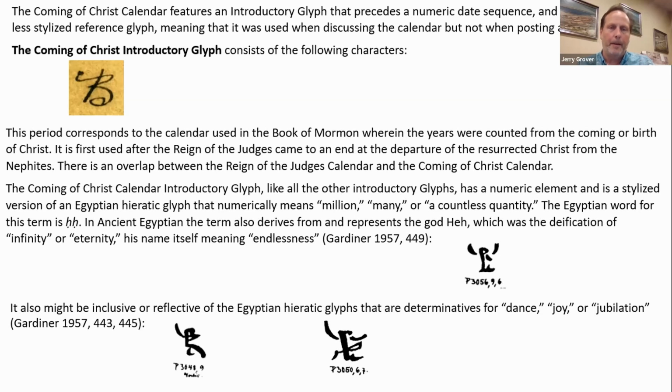So I do think it's also doubling as a Jubilee concept, for the birth of Christ as the time of Jubilee. And you can see it's a stylized form, meaning it's not exact, but there may be some elements I'm not seeing there. I mean, you only had so much text. Some of the elements of the glyph may represent other things in Reformed Egyptian.